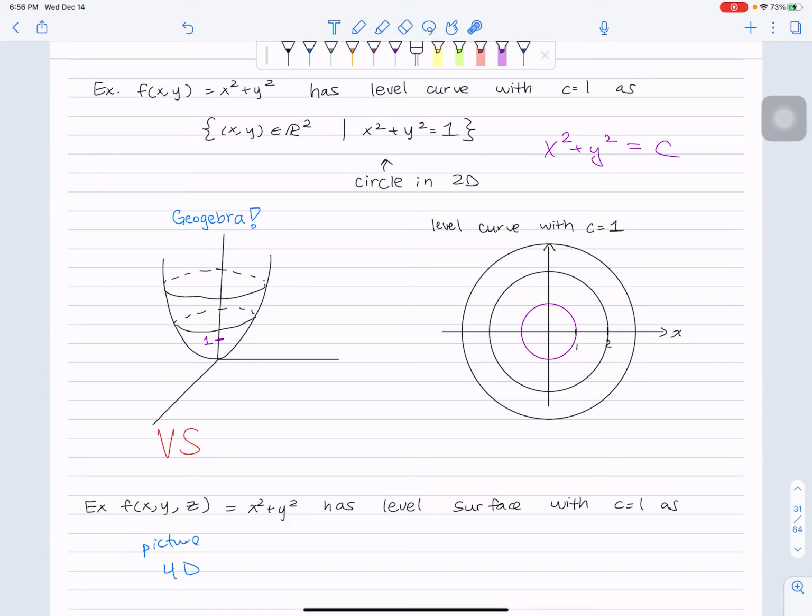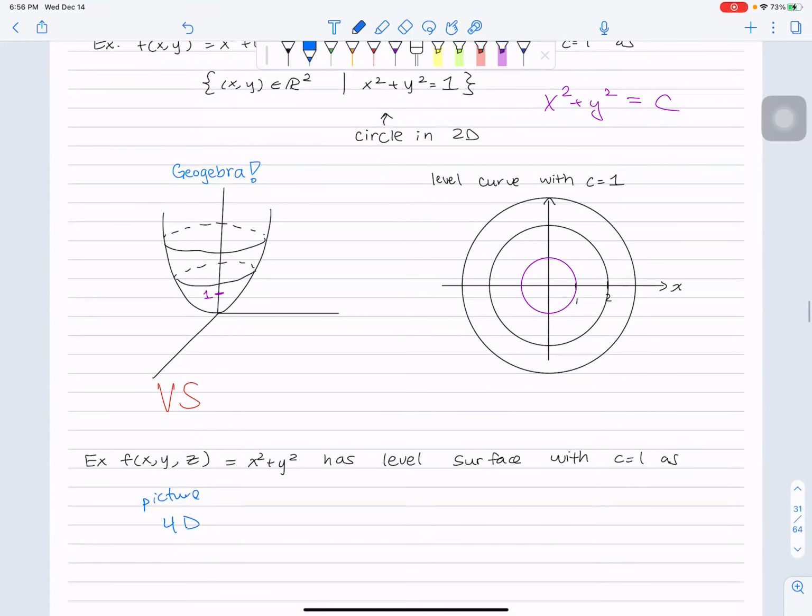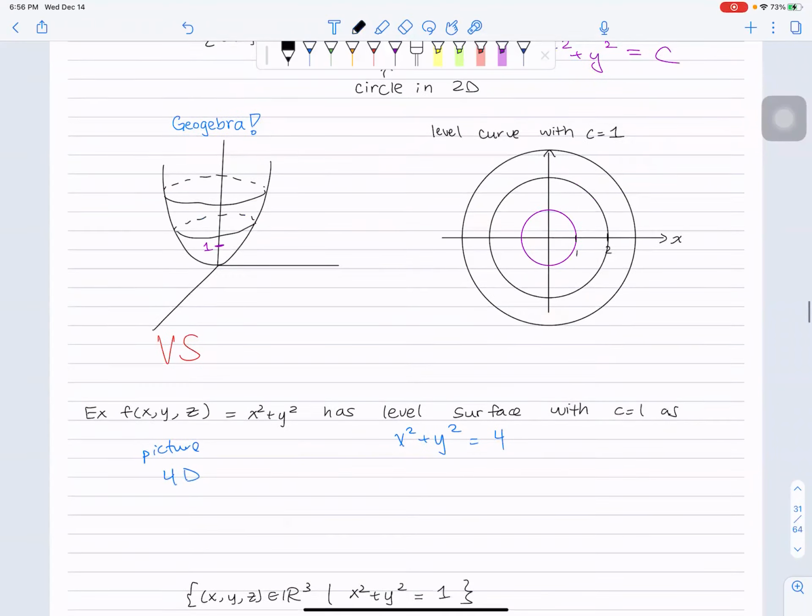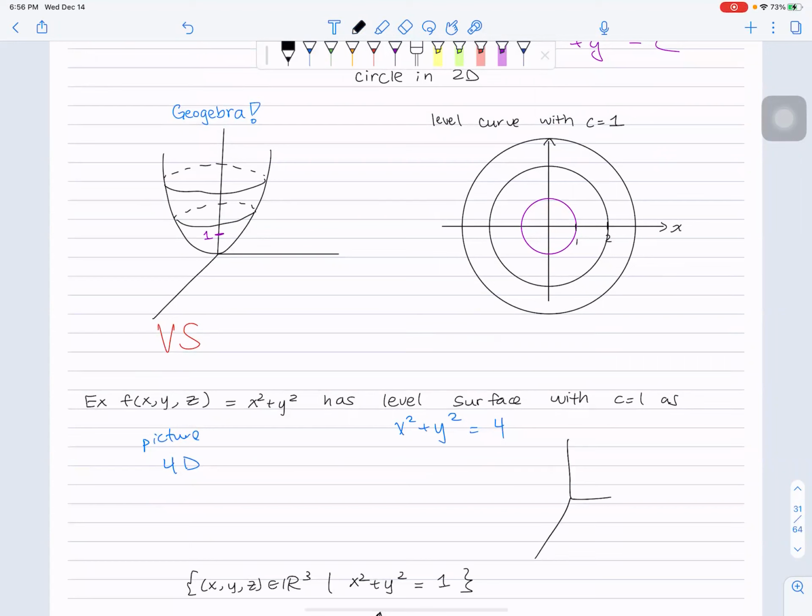How do I get the level set? I take my function x squared plus y squared, and I set it equal to some constant c. If I set it equal to 4, for example, how do I draw that? Remember, we're in 3D now, so I have an x, y, and z.